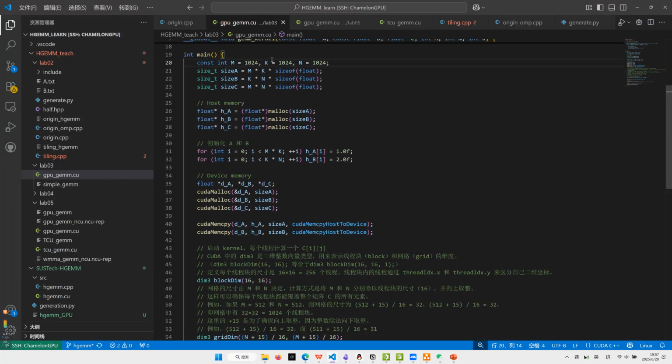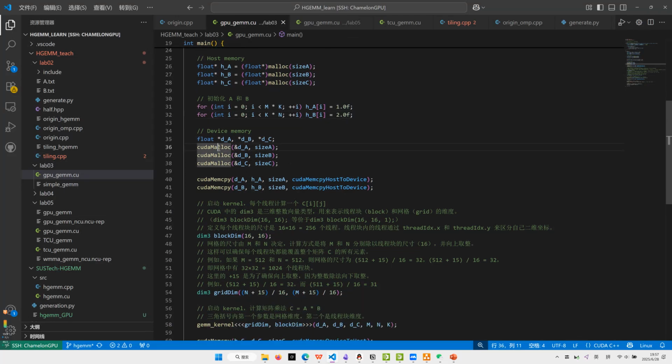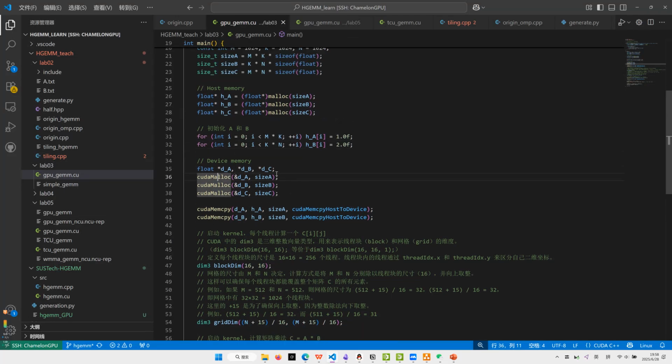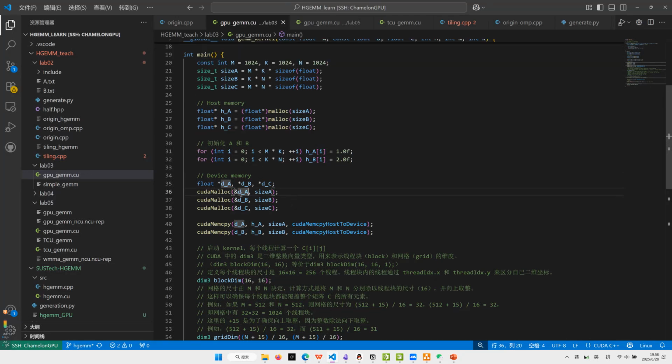First, you initialize M, N, K and initialize three matrices. Then cudaMalloc means you ask the GPU for a memory block on the device to store data.